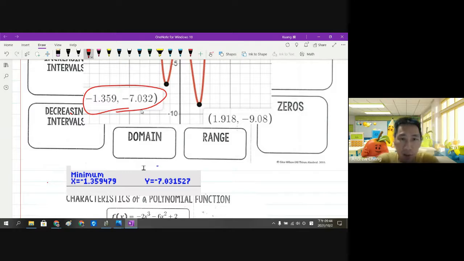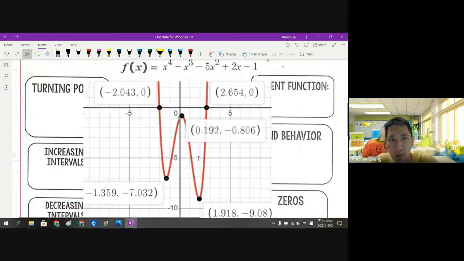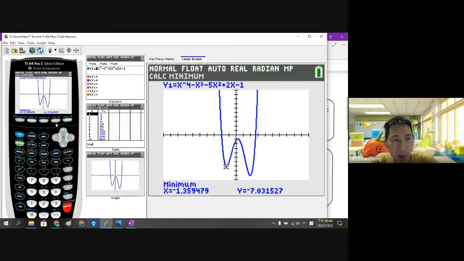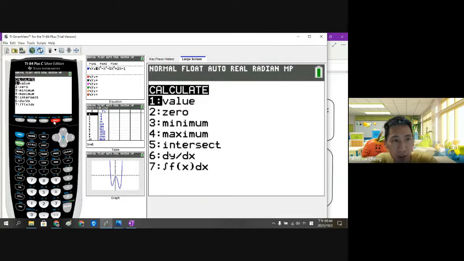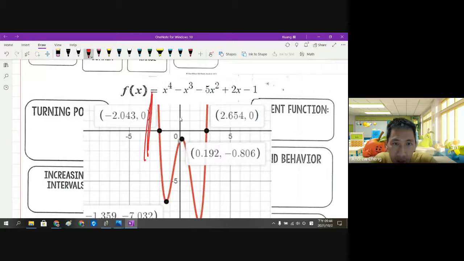Okay, so you just put it. And then how about zero? Zero is these 2 points, so here and here. So you use second trace, zero, the second one. For zero, you have to set your left bound here, right bound here.